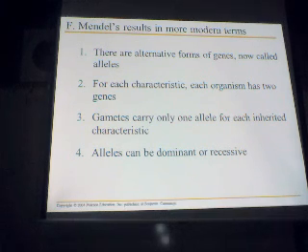We have a brown allele, a blonde allele, a red allele. The alleles are the different forms. We know for each characteristic an organism has two copies of the gene, one from mom, one from dad. We also know that gametes carry only one allele for each inherited characteristic. That's our principle of segregation. And we know that alleles can be dominant or recessive.